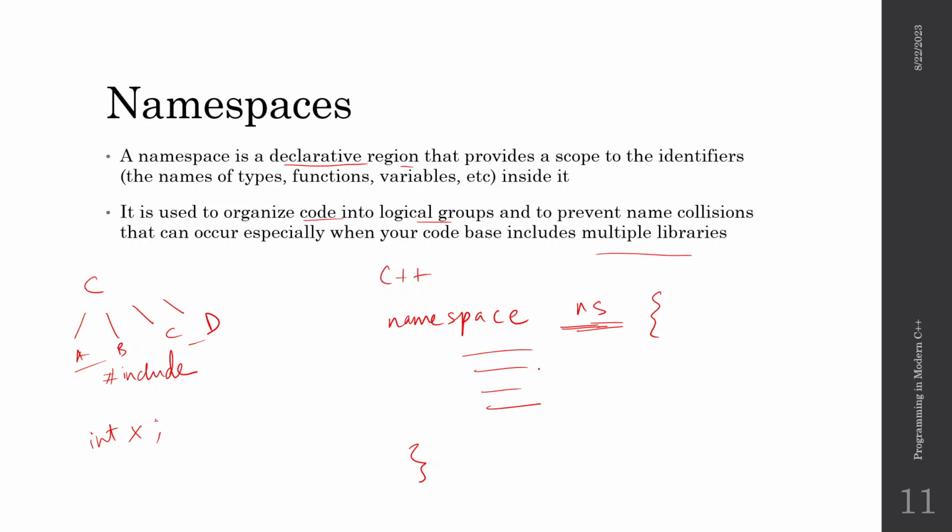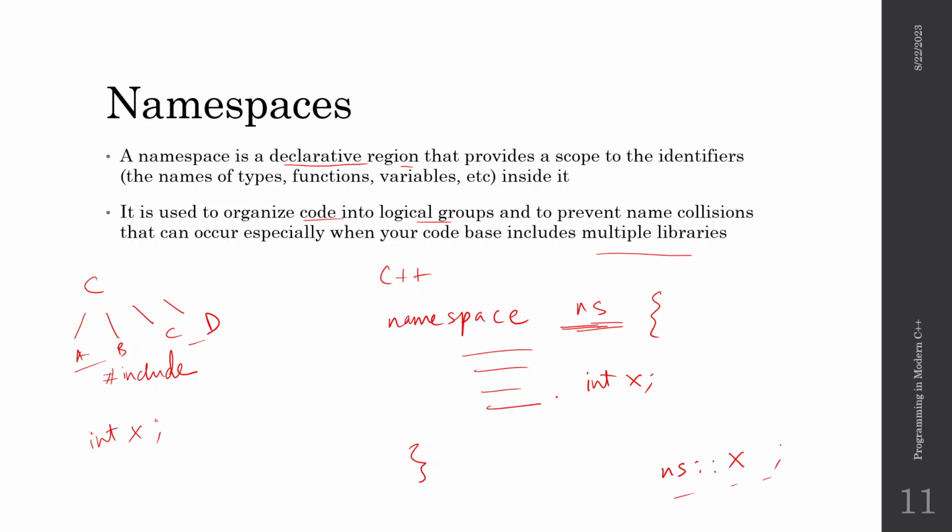Now when you want to use any function or variable, you have to always write ns colon colon. Inside this namespace, suppose you have a variable x, so you have to access it with ns::x. So this is a way to separate out the functions and variables of different libraries and prevent name collisions.